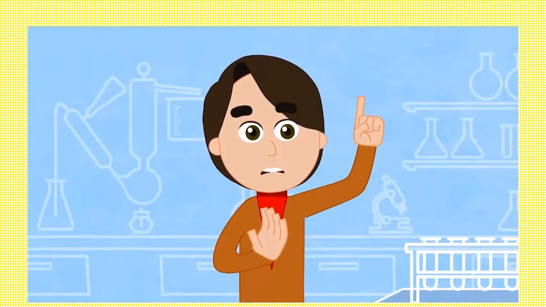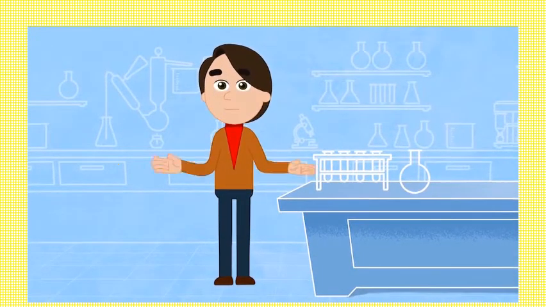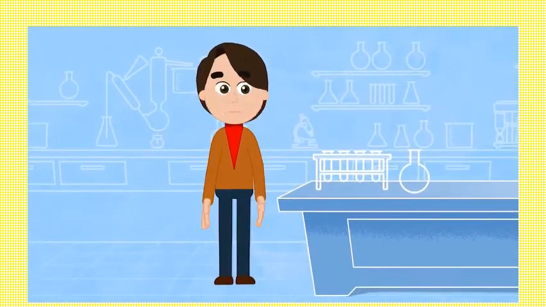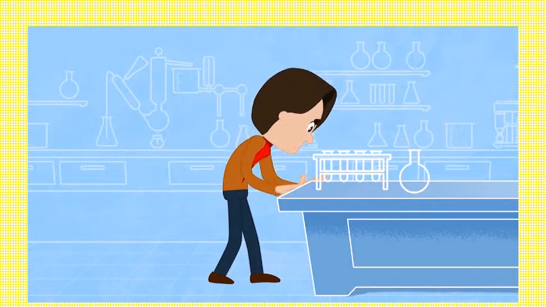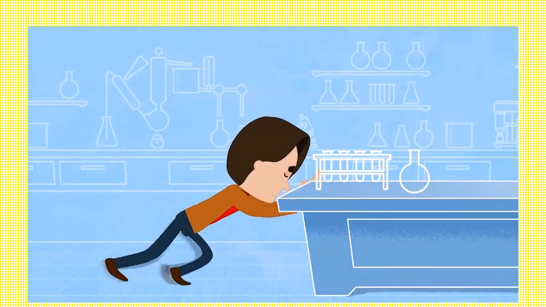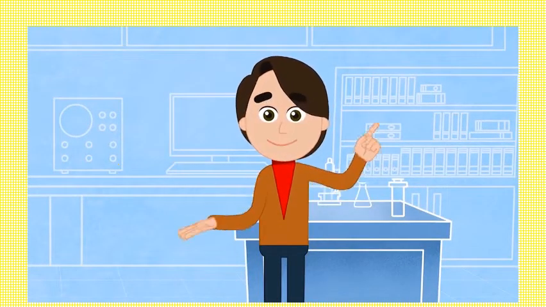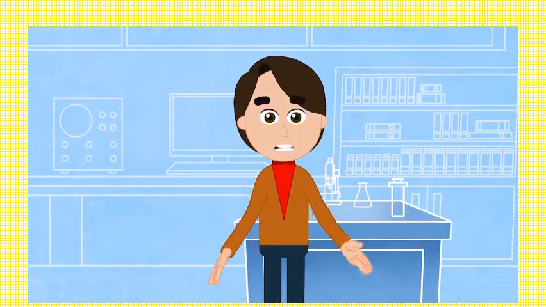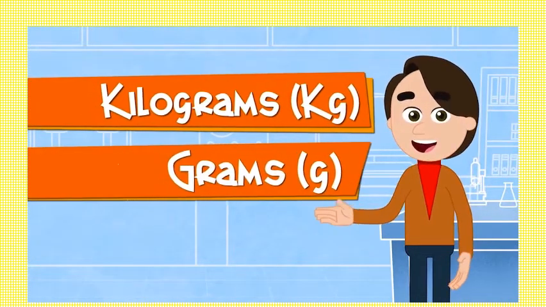But if I move my entire workbench, it will be a lot harder because it has much more mass. Whew, must have more than 100,000 grams or 100 kilograms. So, kilograms and grams are some of the ways we measure mass.